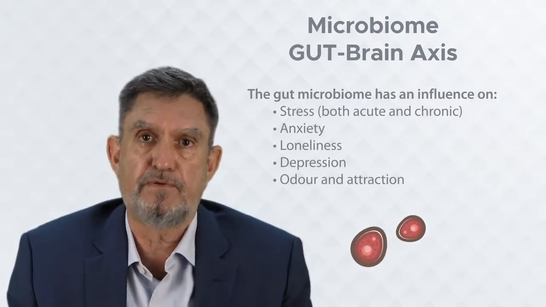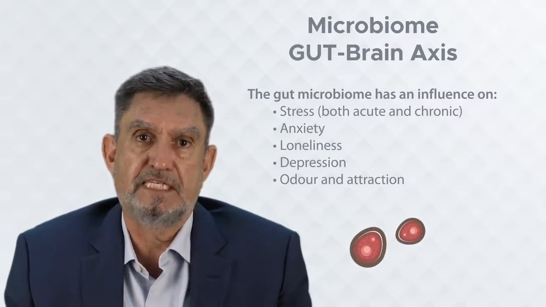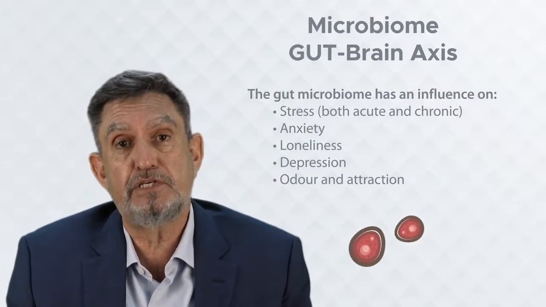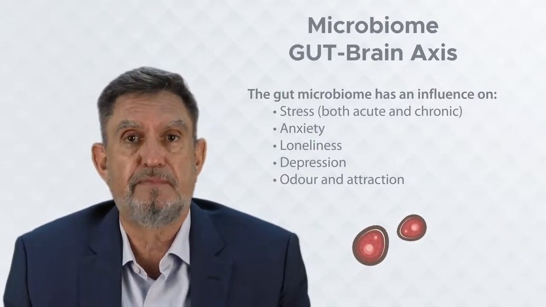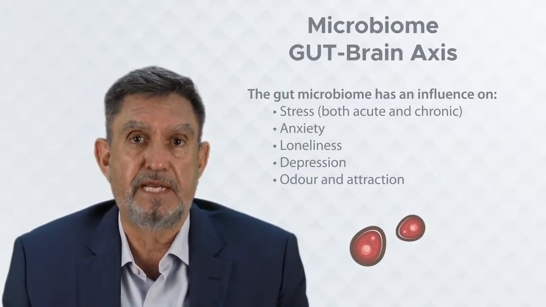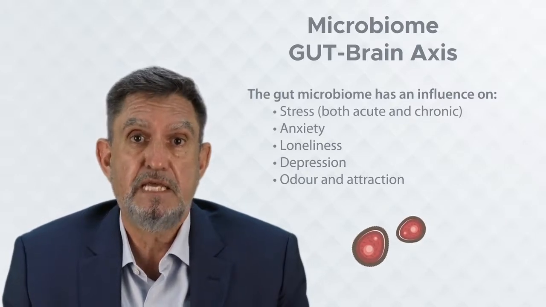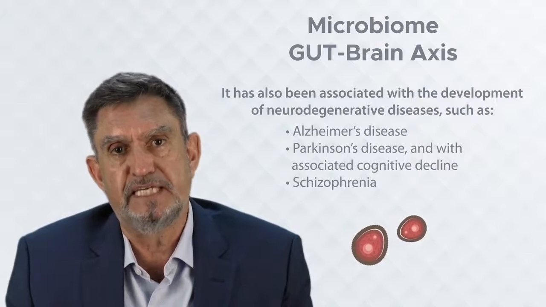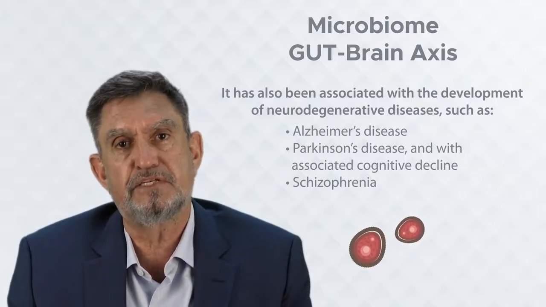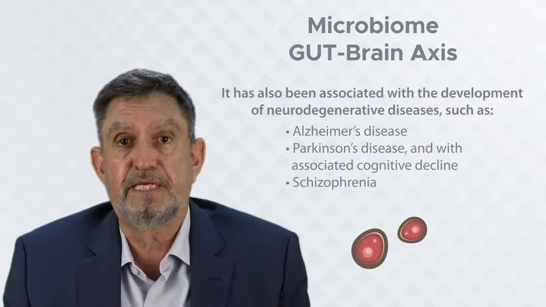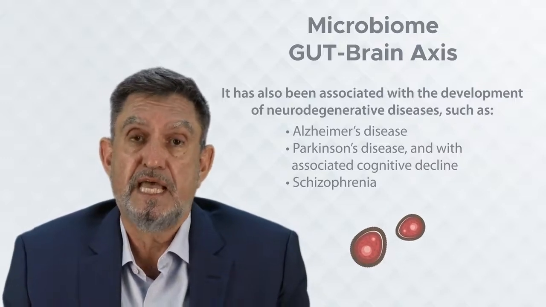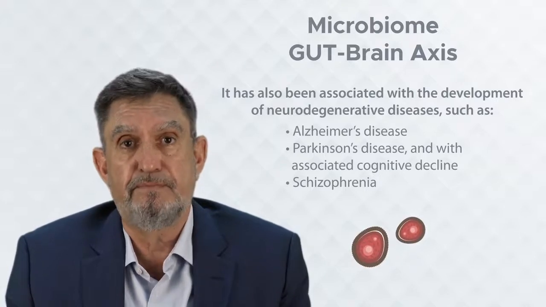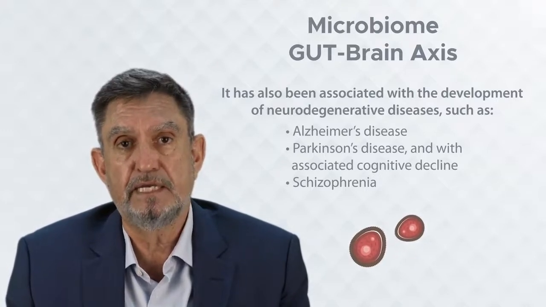For stress, both acute and chronic, for anxiety, loneliness, depression, even odor and our attraction to one another comes from the gut-brain microbiome axis. But it's also important in a number of neurodegenerative diseases. And I'm going to give you examples such as Alzheimer's disease, some examples from Parkinson's disease, and quite a bit about schizophrenia, because there's a clear example of the gut-brain axis going awry.